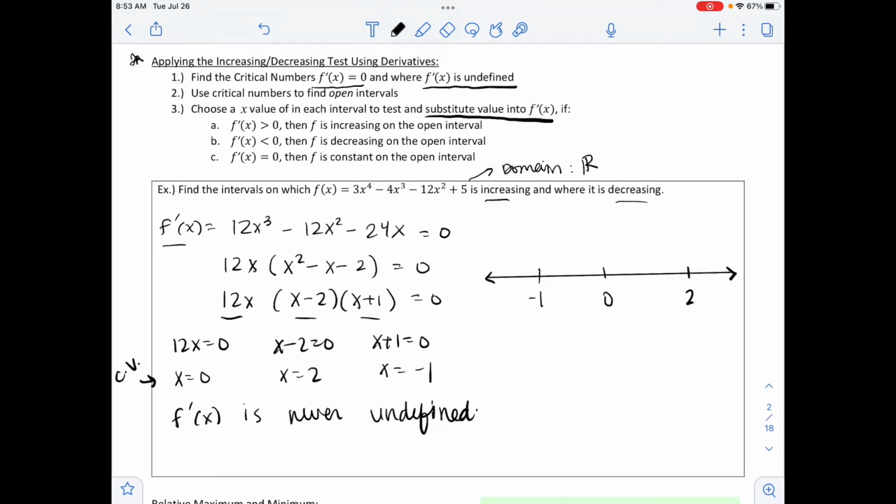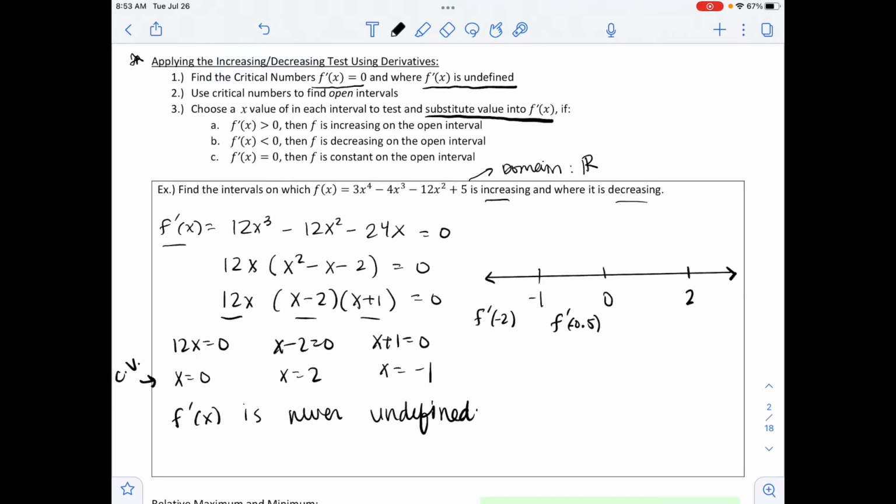So something that's less than -1, you can select anything in that interval. If you want to select -1000, -2, -5, anything, but we need to test them. And we're going to substitute them into our derivative. So I need to find f prime of -2. And then something in between -1 and 0, I'm going to select -0.5.